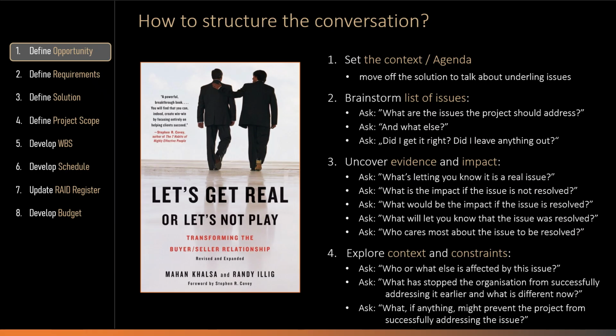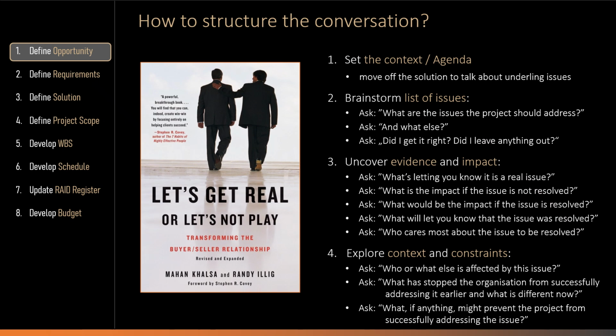And finally, explore issues, context, and constraints. Ask a few more questions, such as who or what else is affected by the issue to identify additional stakeholders who would like the issue to be addressed. What has stopped the organization from successfully addressing this issue earlier and what is different now?